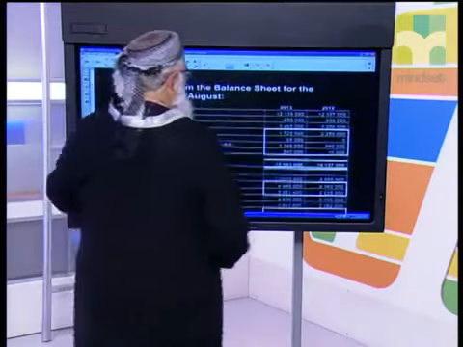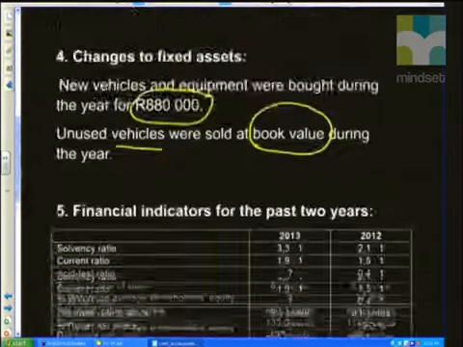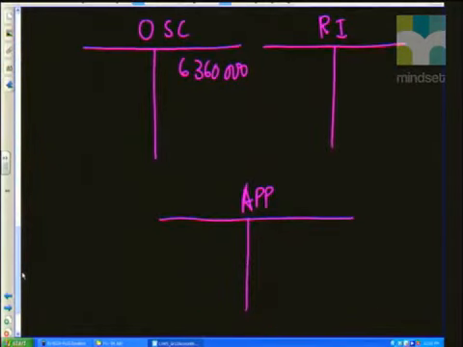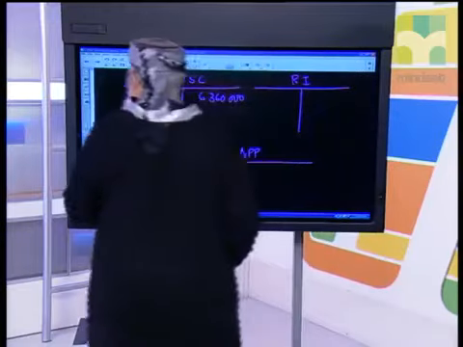So we've got our opening balance of our shares, which was 6,360,000. Closing balance 8,960,000. Watch, 8,960,000 is my closing balance. So I've got my opening balance, I've got my closing balance. Okay, what else do I know about the shares?